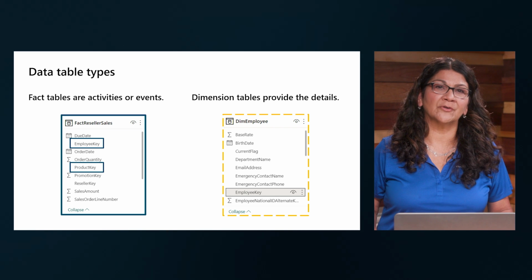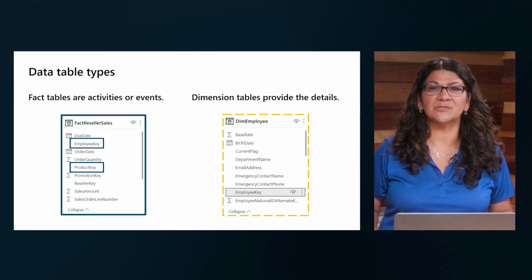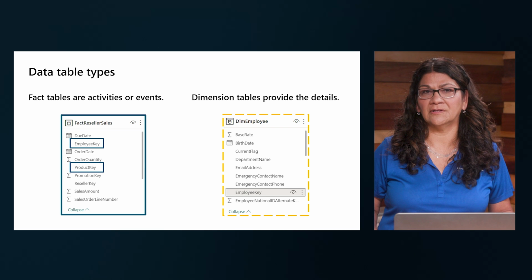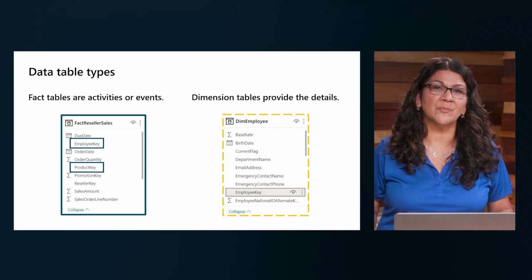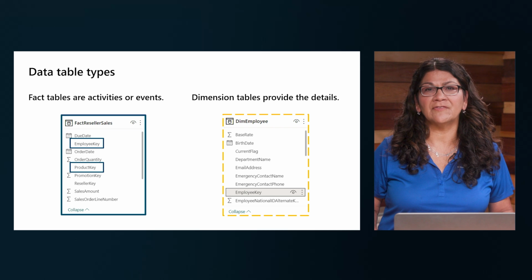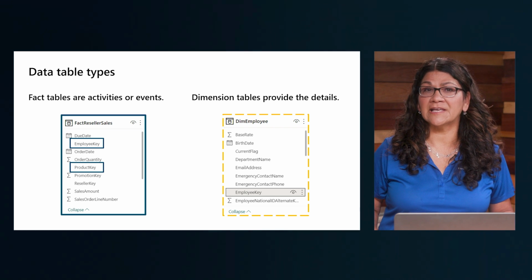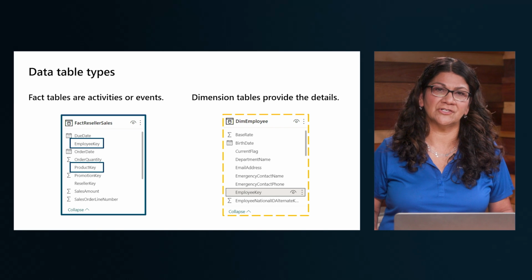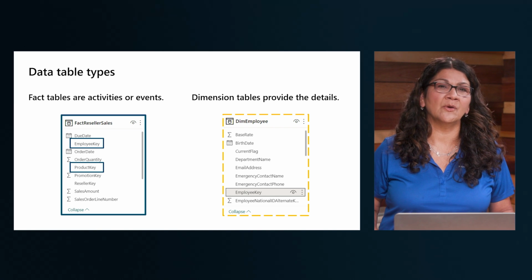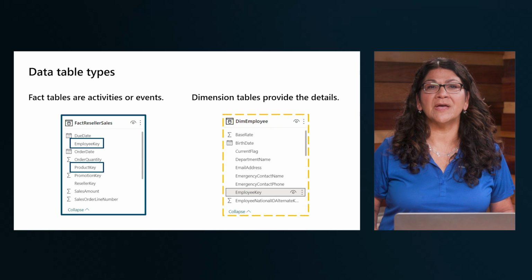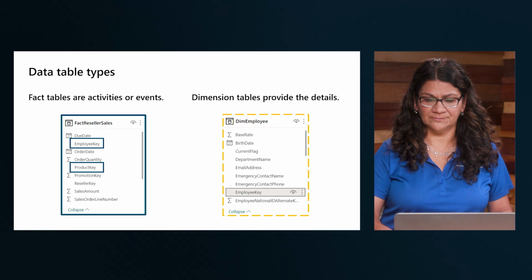The attributes or fields in the dimension table support filtering the fact table, like filtering the sales amount by employee or grouping the fact table by department. The dimension table has the primary key, or the one side of the relationship between it and the fact table, which has the foreign key and the many side of the relationship.